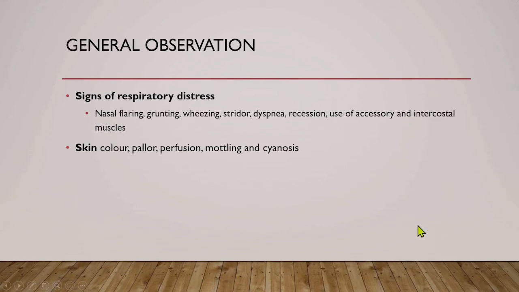So what we monitor is whether they have any signs of respiratory distress, like nasal flaring, grunting, wheezing, stridor, dyspnea, recession, use of the accessory muscles, and also the color. Whether the patient looks pale, how is the perfusion, whether they are mottling or cyanosed.